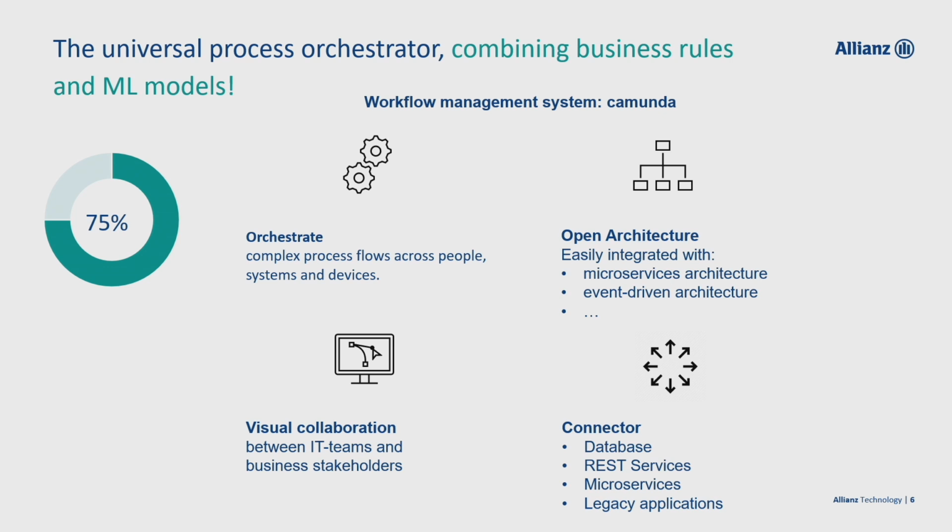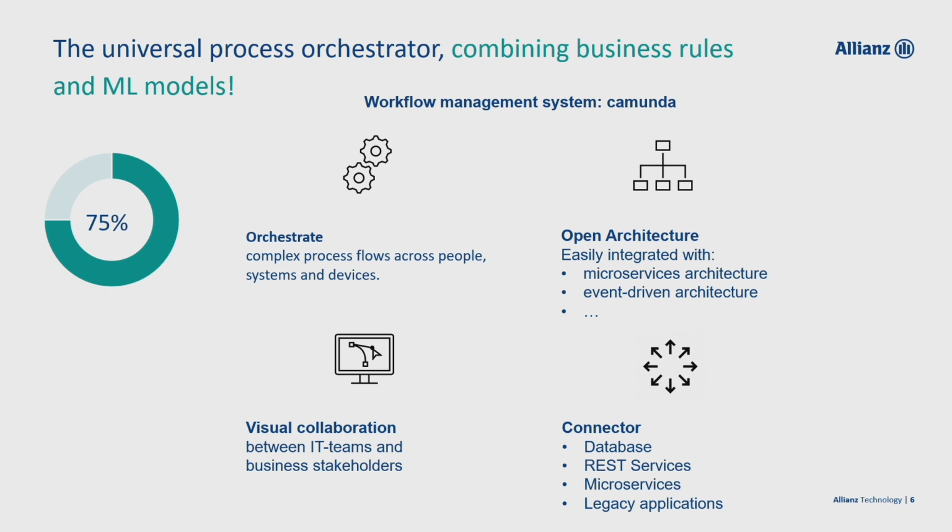Yes, Allianz is a financial service provider company. We need to follow lots of strict regulations. So for these cases, we need to combine business rules with ML models. We use Camunda as our workflow management system, which is an orchestration engine. It can process complex workflows across people, systems, and devices.